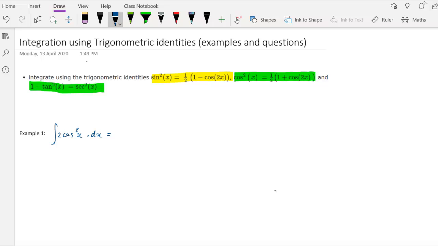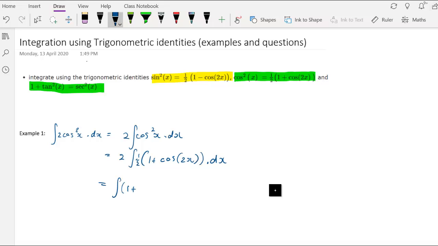Okay, so in this first example, we've got the integral of 2 cos squared x dx. So if we pull that 2 in front, we've got 2 multiplied by the integral of cos squared x dx, which means we've got 2 multiplied by the integral of, so cos squared is 1 half, 1 plus cos 2x dx. 2 multiplied by half is 1, so we're just looking at the integral of 1 plus cos 2x dx.